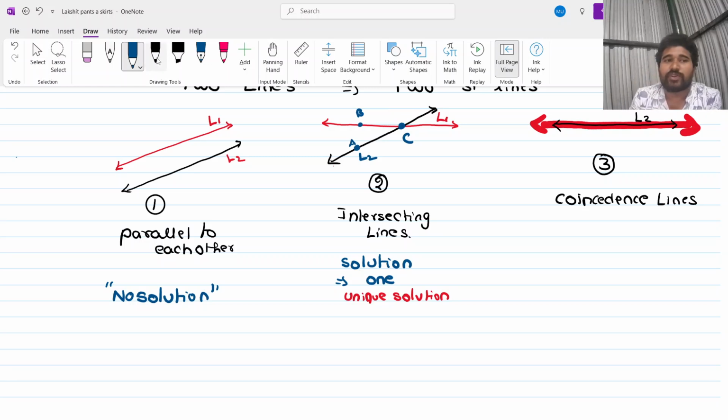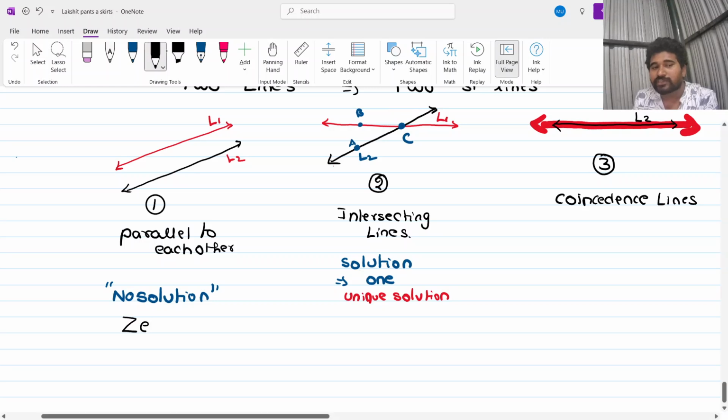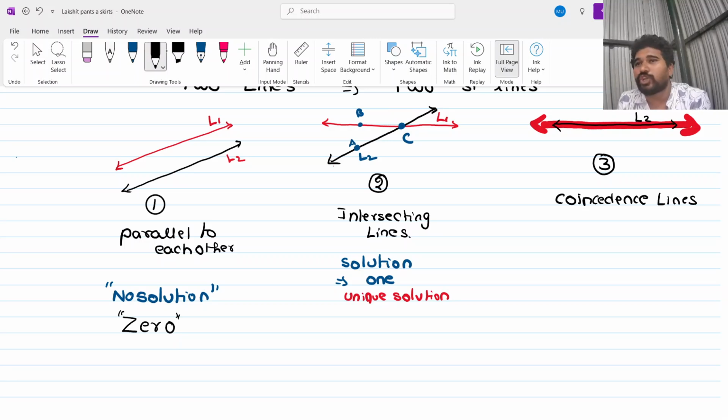If I ask you how many solutions are there if they are parallel, zero. No solutions at all. Parallel case is no solution case. Is that clear? How many intersecting points here? Zero.